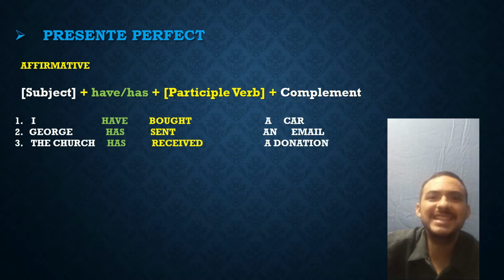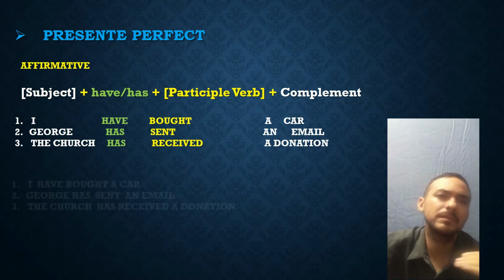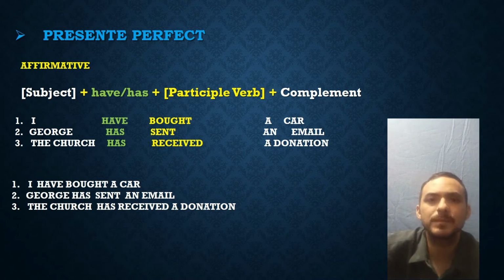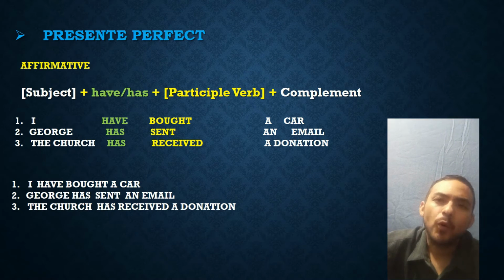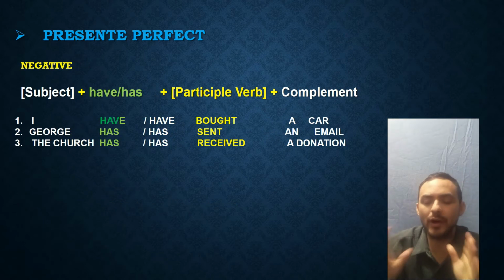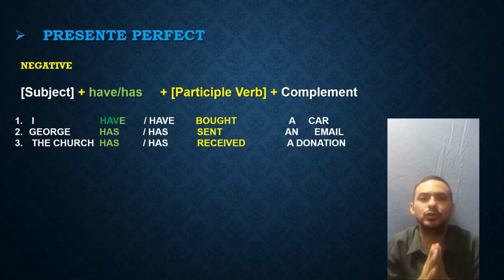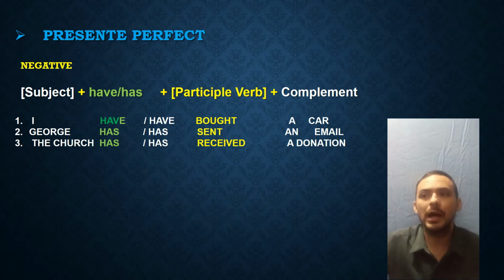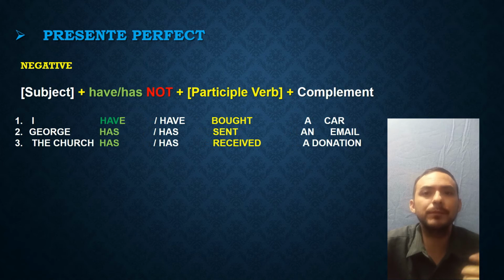Here I have put the same sentences but with space between words. Here below, for the negative form, you can see we have the same structure to make the sentence. The only thing we are going to add to that structure is the particle not after the auxiliary, but before the participle verb.